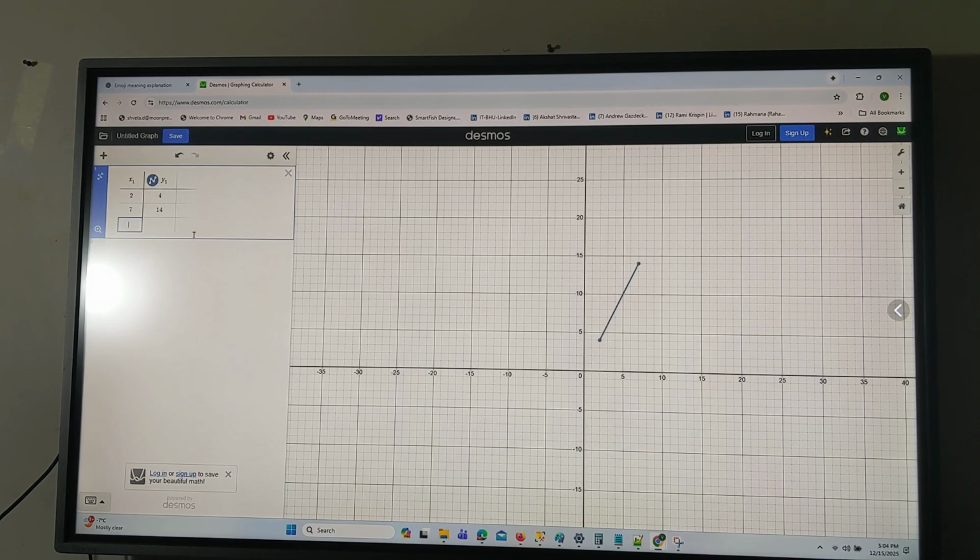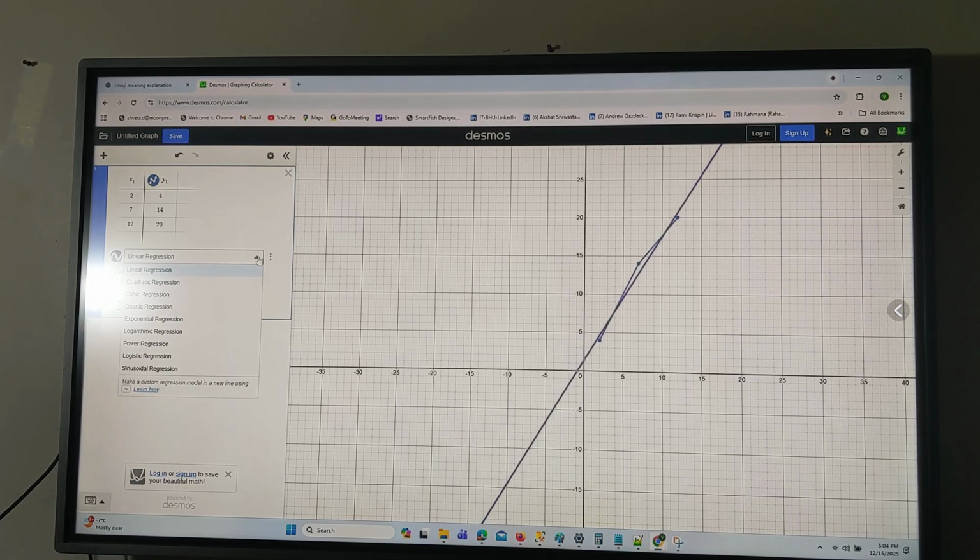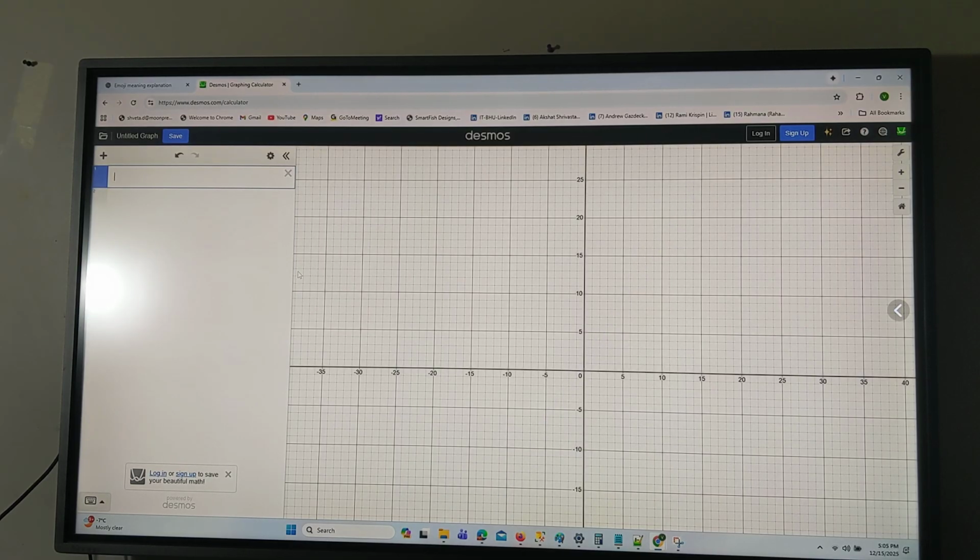There could be more points, maybe (12, 20). Just click login, and it can show you the best fit of this line, called linear regression. Other things you probably don't need. These are some of the features of Desmos that you can use in your SAT exam. Make sure you understand the graph. SAT wants you to be able to understand it.